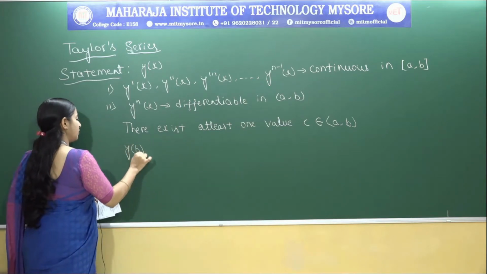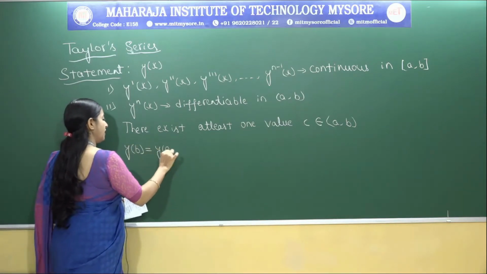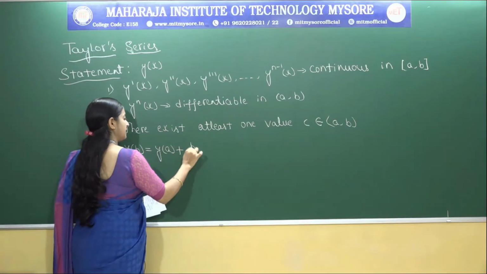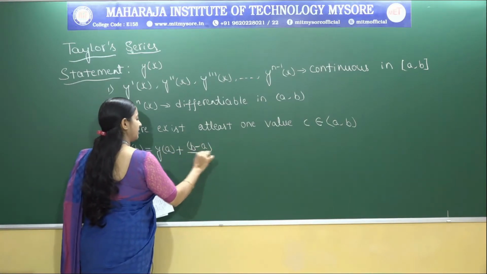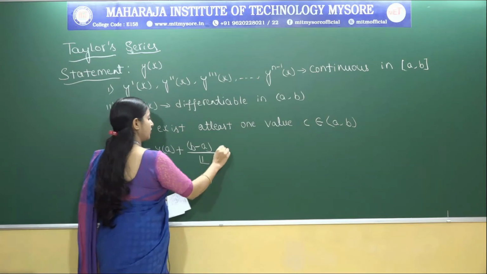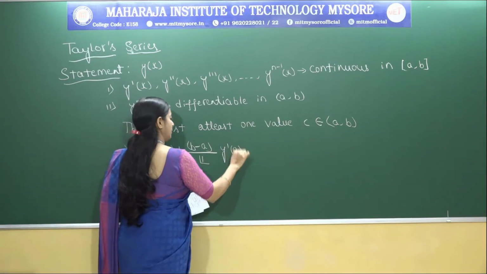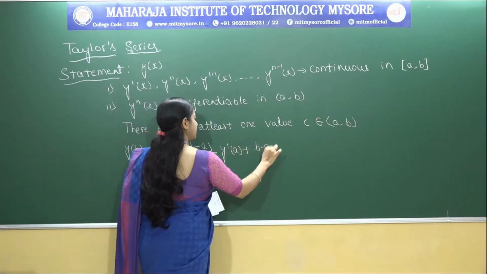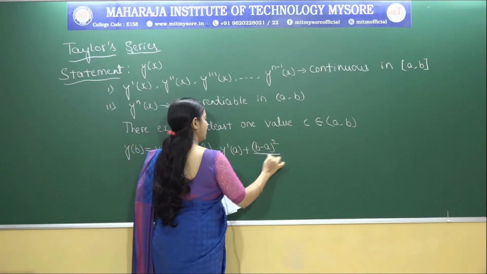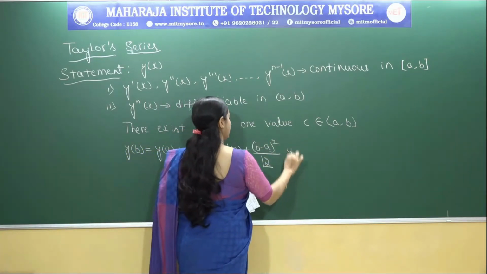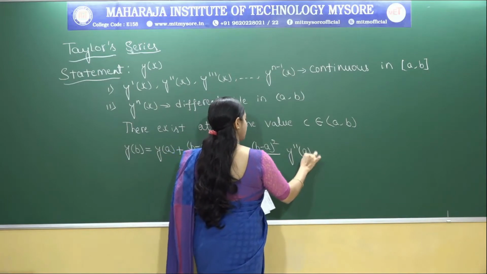y of b equals y of a plus (b minus a) divided by 1 factorial y dash of a, plus (b minus a) whole square divided by 2 factorial y double dash of a.